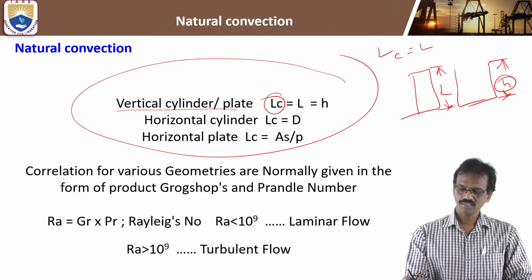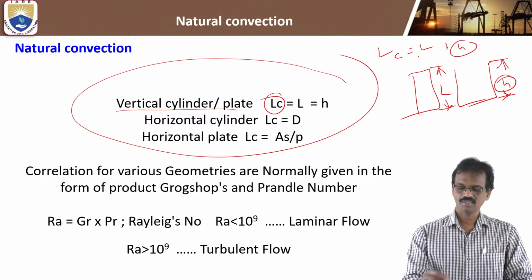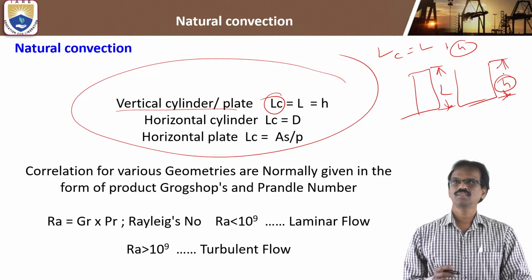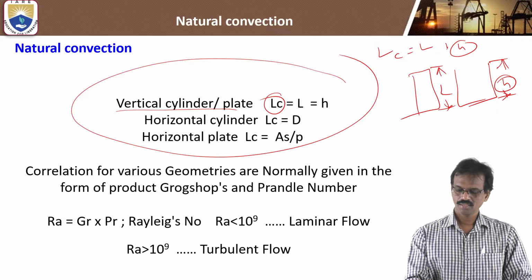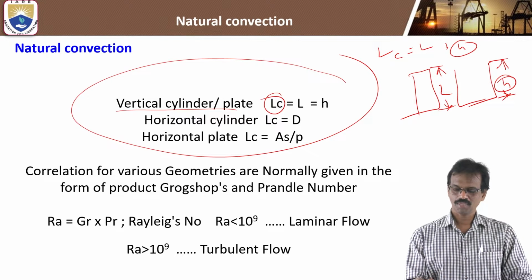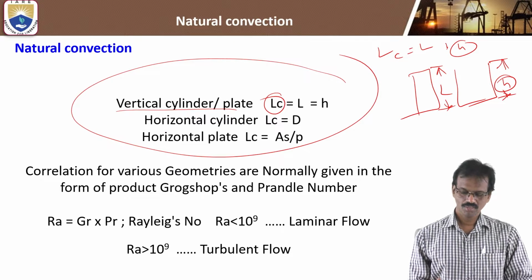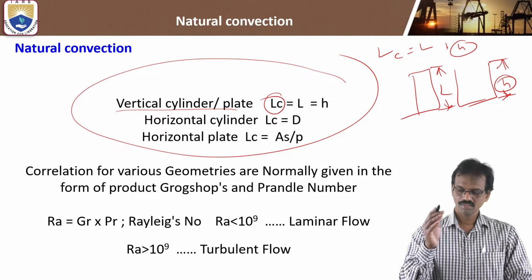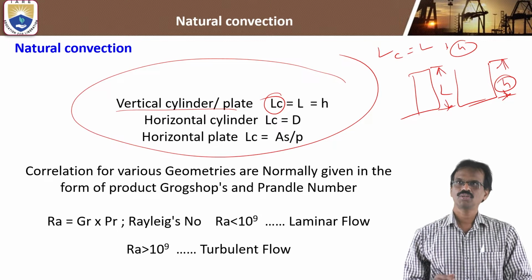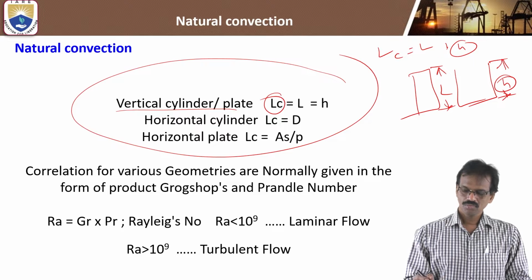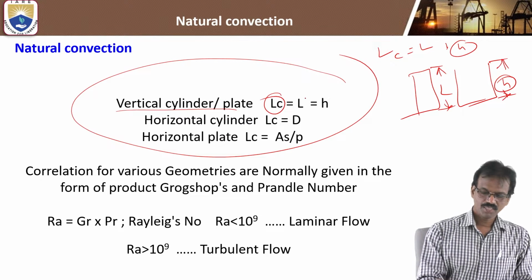For the vertical cylinder, the height will be the characteristic length, because the vertical distance is important here: the particles move from bottom to top. Less dense particles move upward, heavy particles move downward. So we have to consider the height.